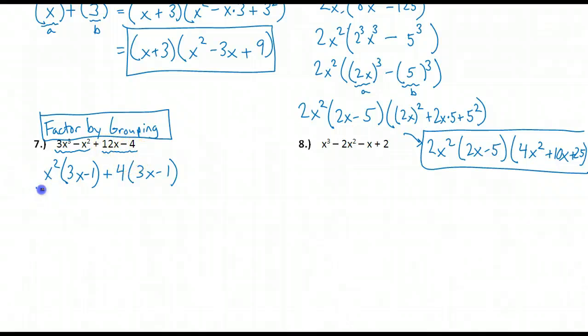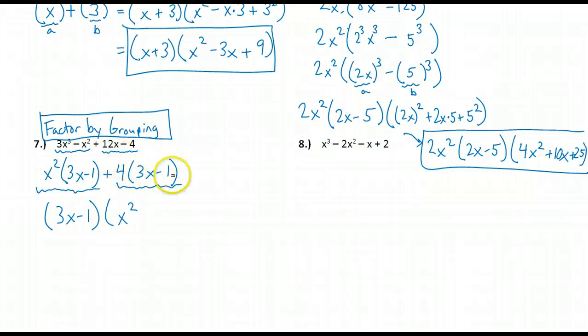Now I'm going to look at this as 2 more groups. I have this group and I have this group. Well, each one of these groups has a 3x minus 1 common between them. So I'm going to factor out a 3x minus 1. And if I factor a 3x minus 1 out of this group, I'm left with x squared.